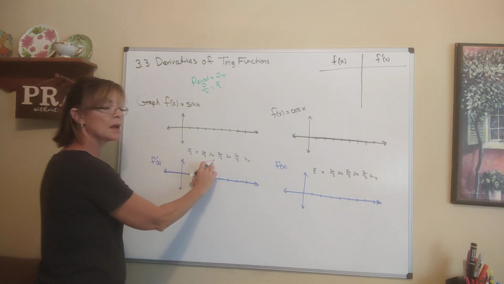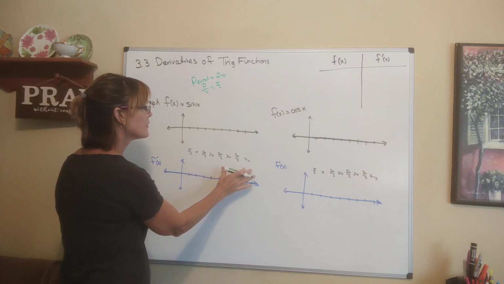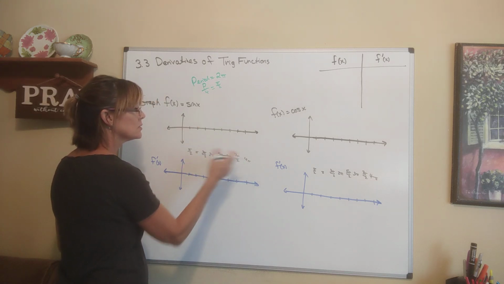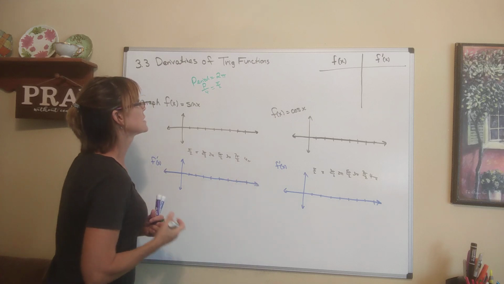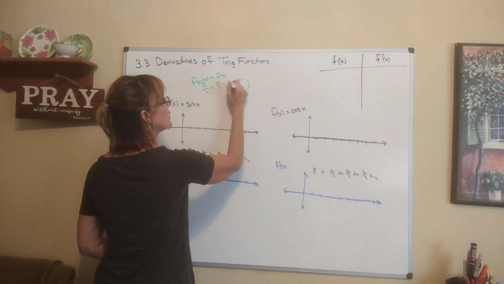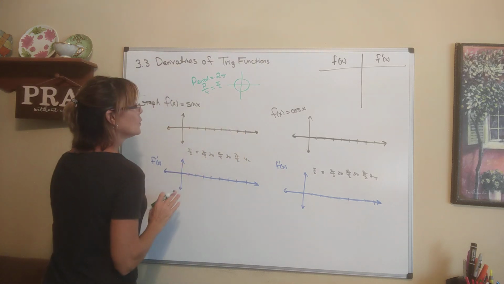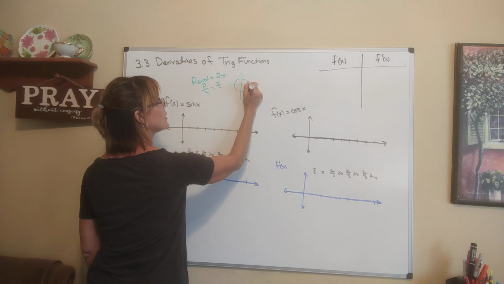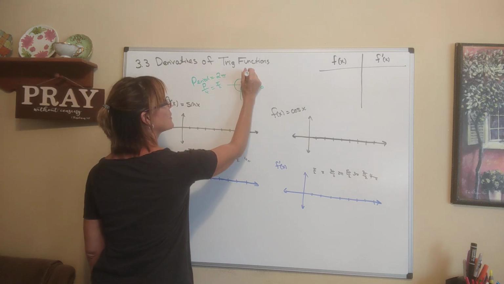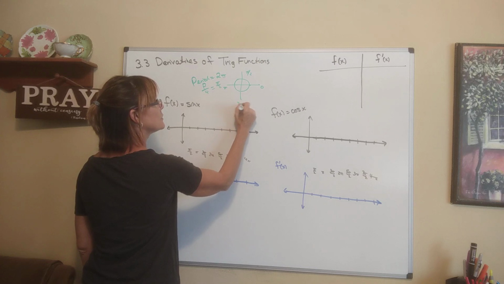Okay, and so by the time I get to 2 pi, I'll have one complete period, and I've decided to go another one so I could see two periods of the sine wave. Okay, so if you learned the unit circle or special triangles, then this kind of helps you know what the sine is. If you remember these points, this is 0, this is pi over 2, this is pi, this is 3 pi over 2.